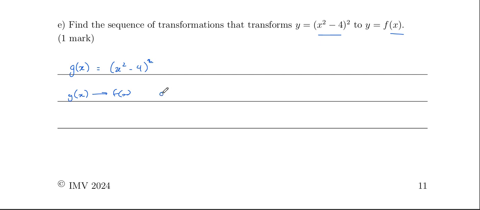So this means that in order to go from g of x to f of x, g of x must have undergone some dilations, which we'll call a times g of c of x. And this will be equal to f of x, which means that f of x minus a g of c of x is equal to 0.